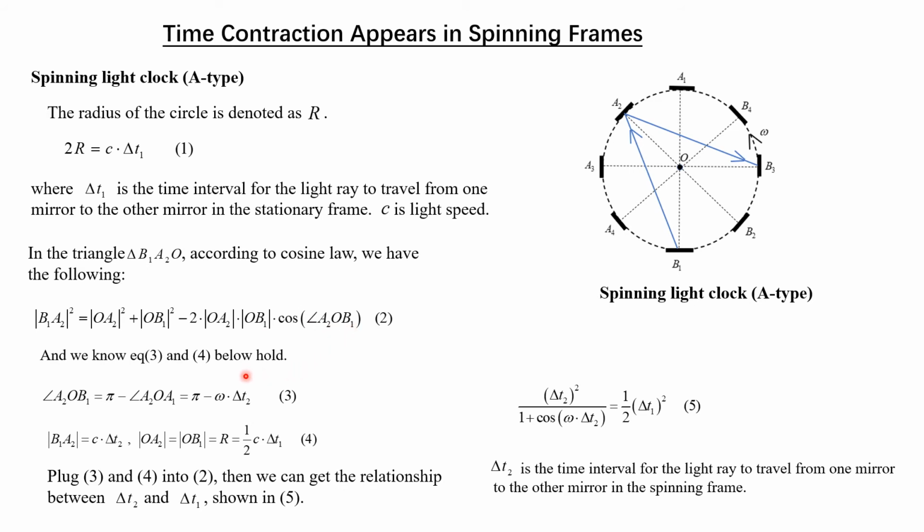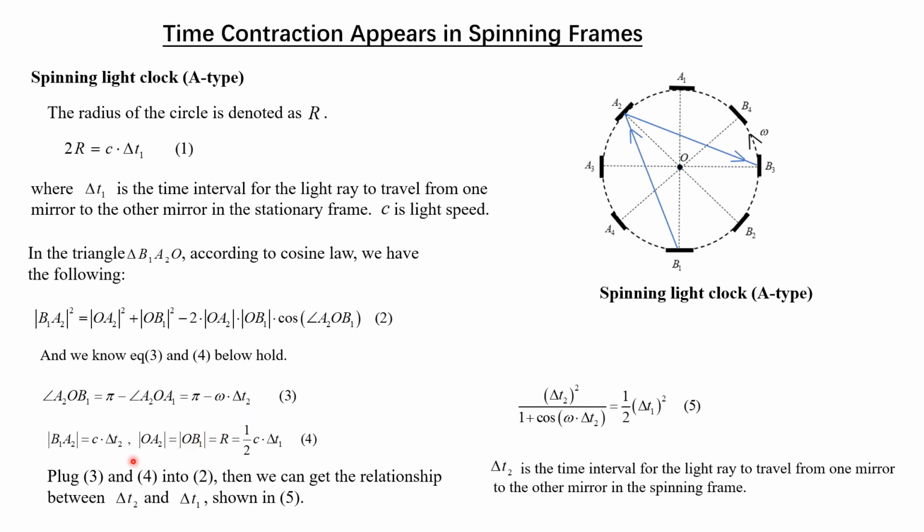And we know that this angle A2OB1 is equal to pi minus angle A2OA1, and A2OA1 is equal to omega multiplied by delta T2, where delta T2 is the time interval for the light ray to travel from one mirror to the other mirror in the spinning frame.